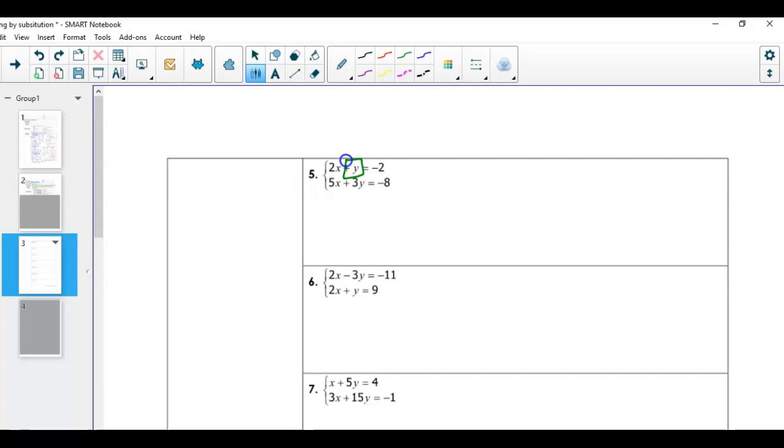So for number 5, I'm going to show you what would happen if I used a different variable also. So first things first, I need to solve this equation for y, because this y is what I want by itself. So I'm going to subtract 2x on both sides.